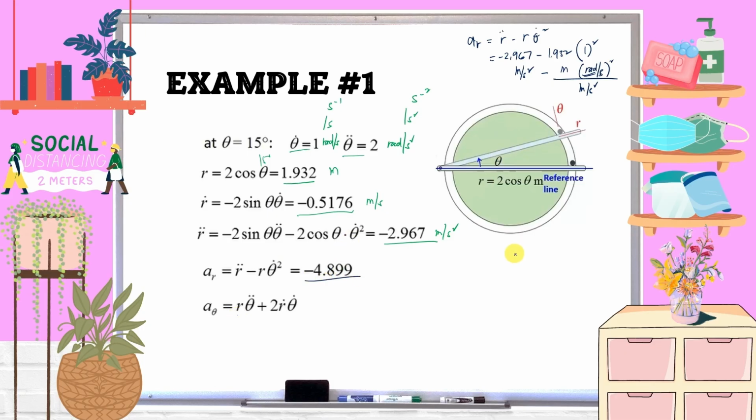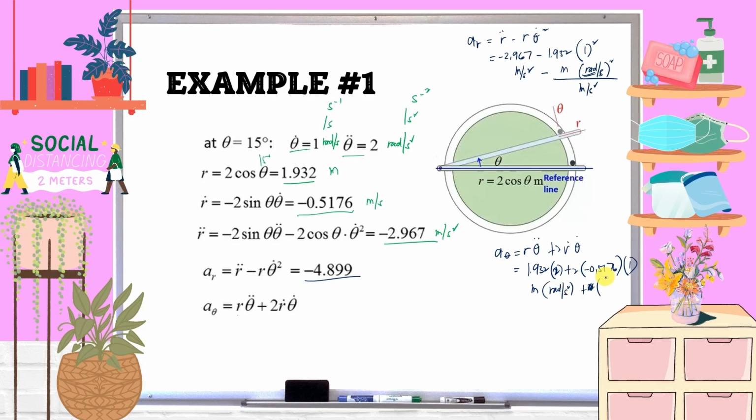Likewise for this one, we have a sub theta, which is r theta double dot plus 2 r dot theta dot. The value of r is 1.932, theta double dot is 2, plus 2 times r dot, which is negative 0.5176, and theta dot is 1. So this has a unit of meter, and this has a unit of rad per second squared, plus 2 is a constant.